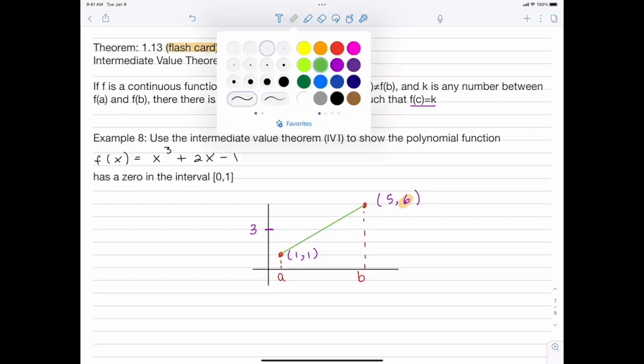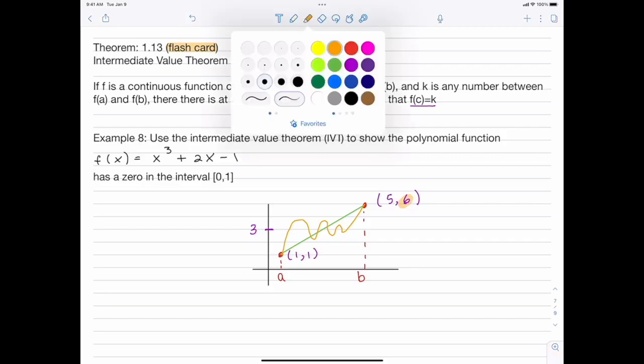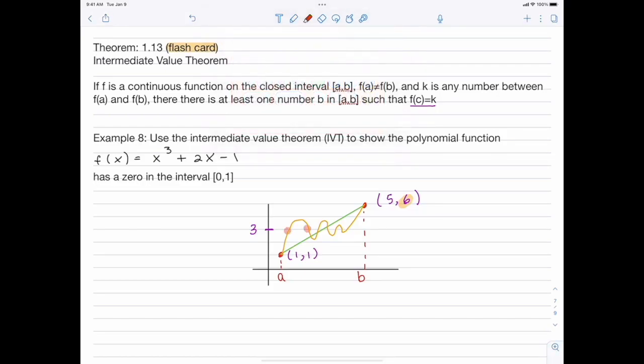So I could have a graph that looks like this, and now there are multiple c values. There's a value here, here, here, here, such that f of c equals 3. So again, the intermediate value theorem doesn't tell you the number of places where f of c has to equal that k value. It just says there has to be at least one.